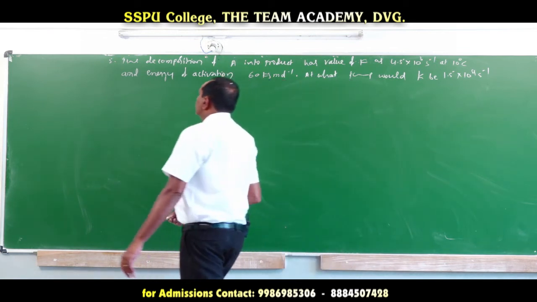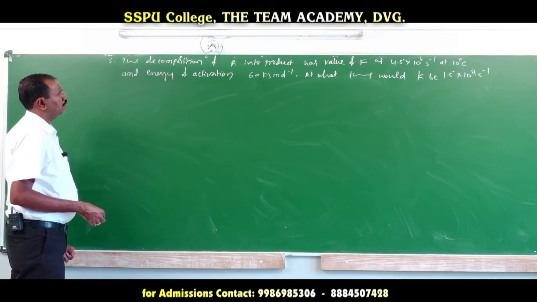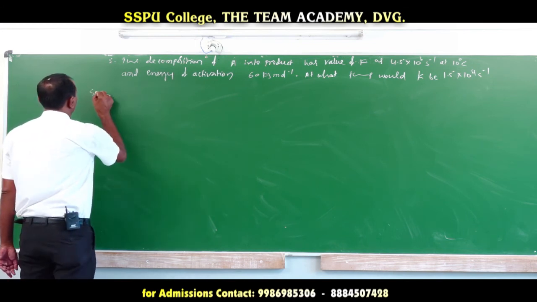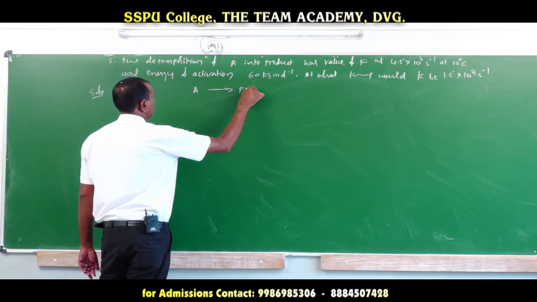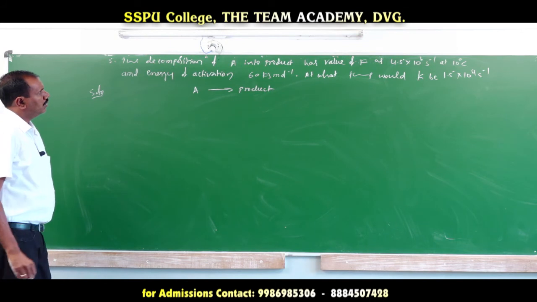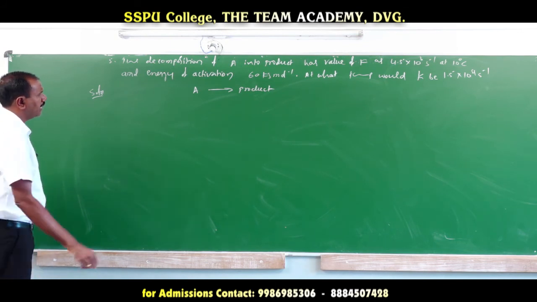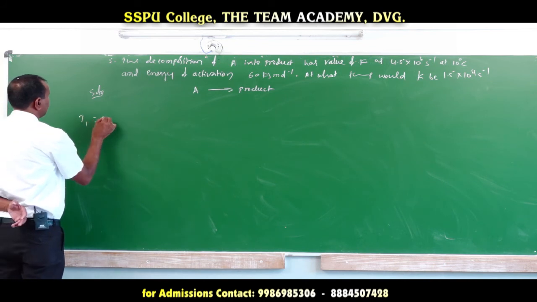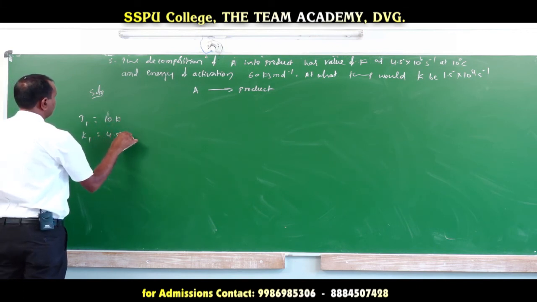See, the decomposition of A into product. So, solution: A can decompose to form product. As the K value is 4.5 into 10 to the power of 3 per second at 10 degrees, when temperature is T1, K1 value is 4.5 into 10 to the power of 3.